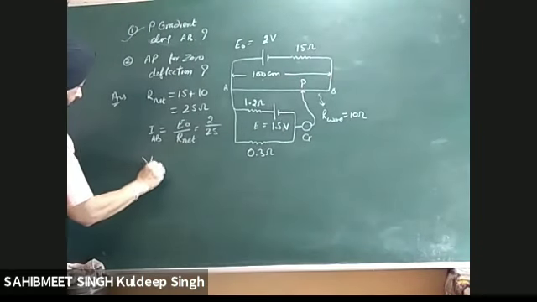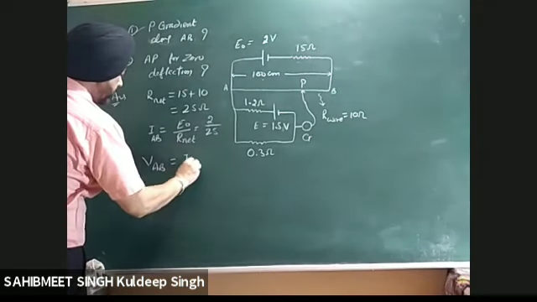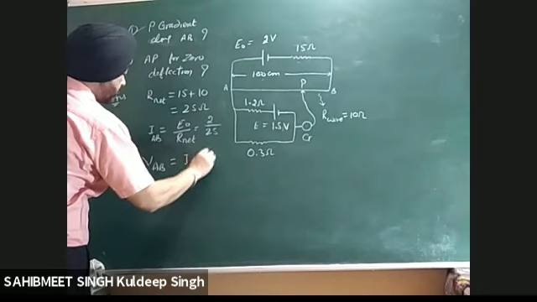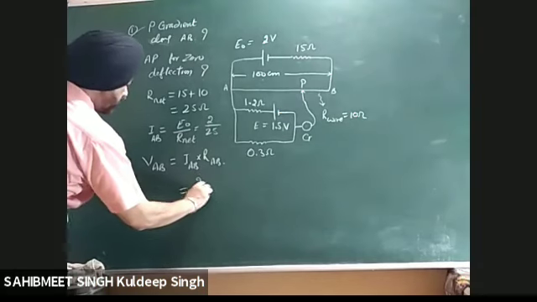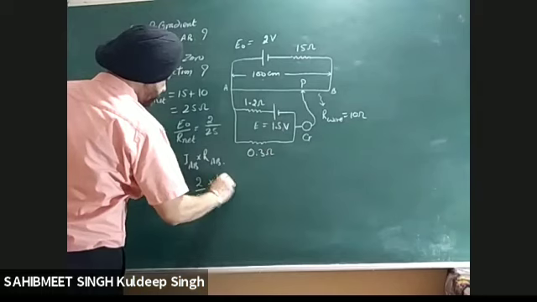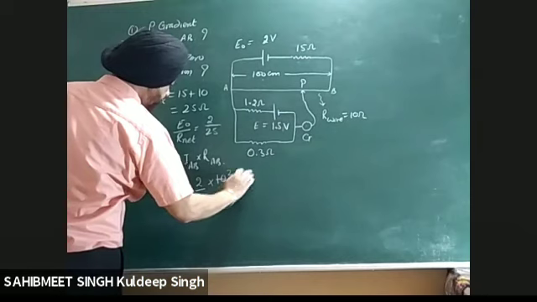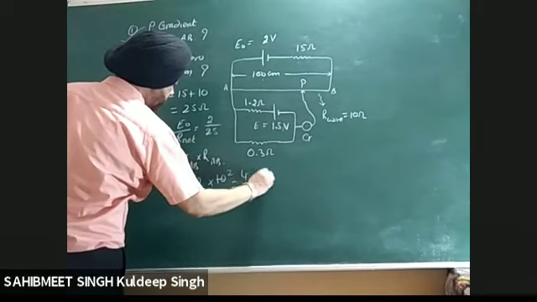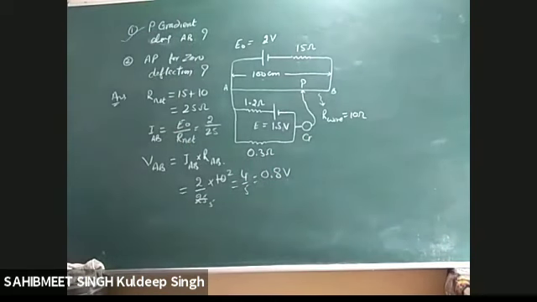The potential drop across wire AB is equal to current in the wire into resistance of the wire. So what is the current? 2 by 25. And how much is the resistance? 10. So you get 4 by 5, that is equal to 0.8 volt. So the potential drop across the wire is 0.8 volt.